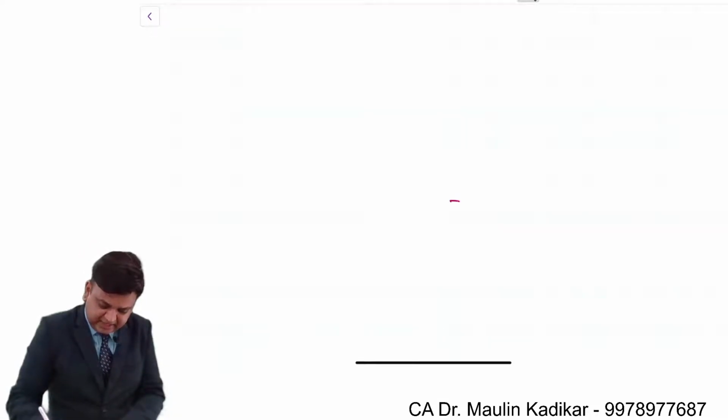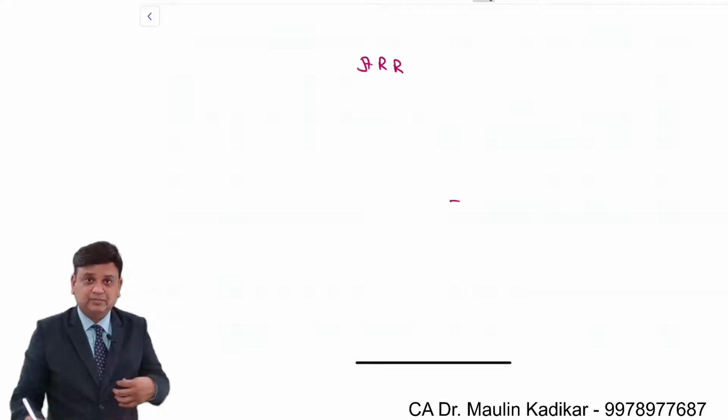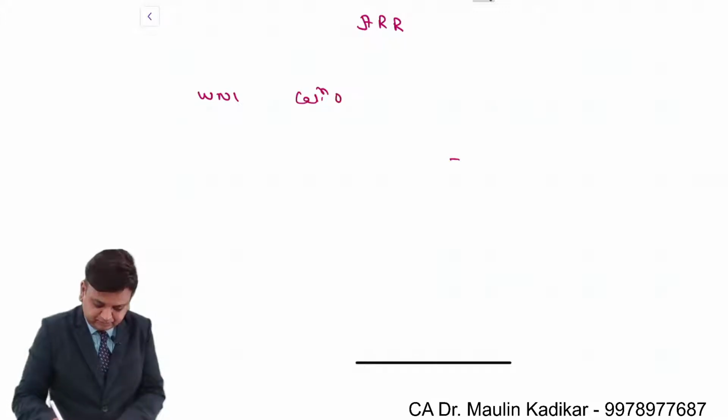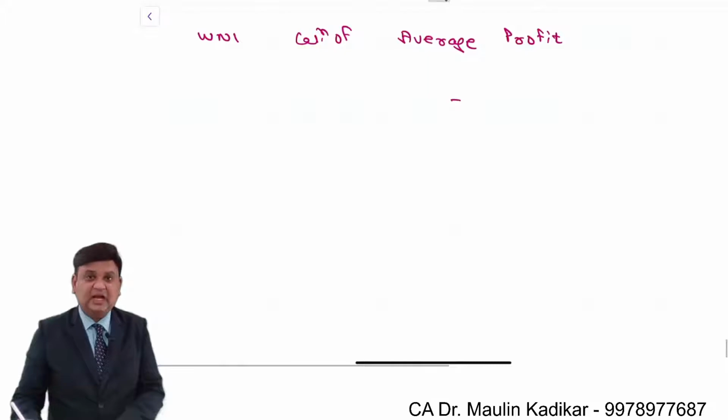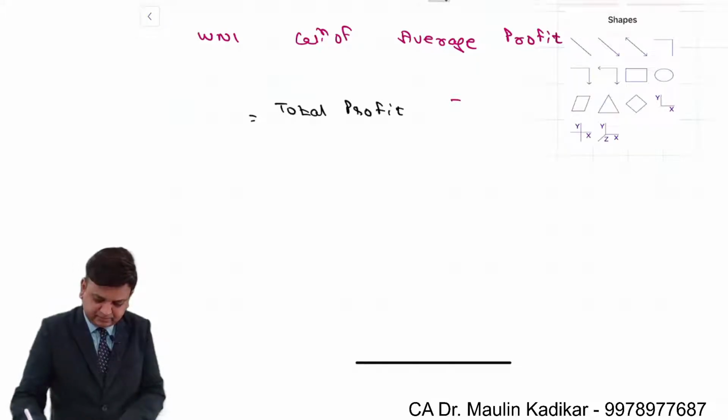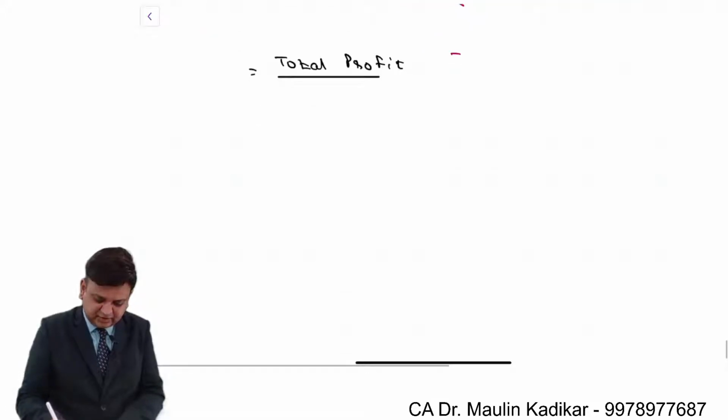Chalo, heading, write down ARR. In that write down working note number 1, calculation of average profit. Average profit will be found as total profit divided by number of years.